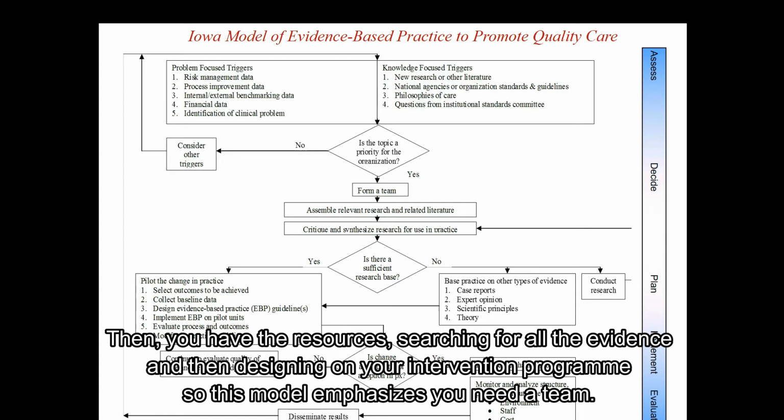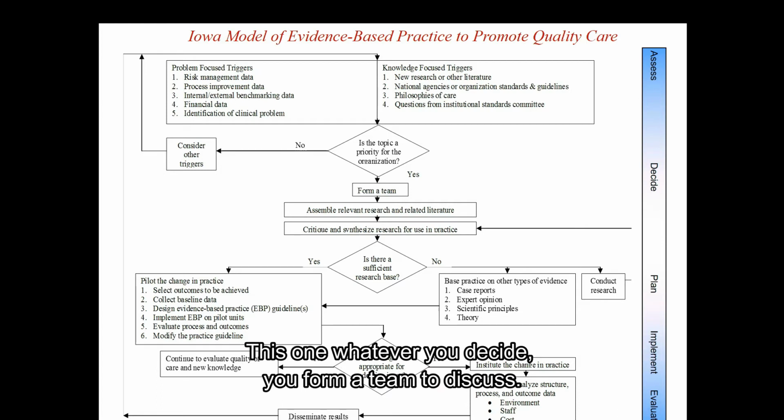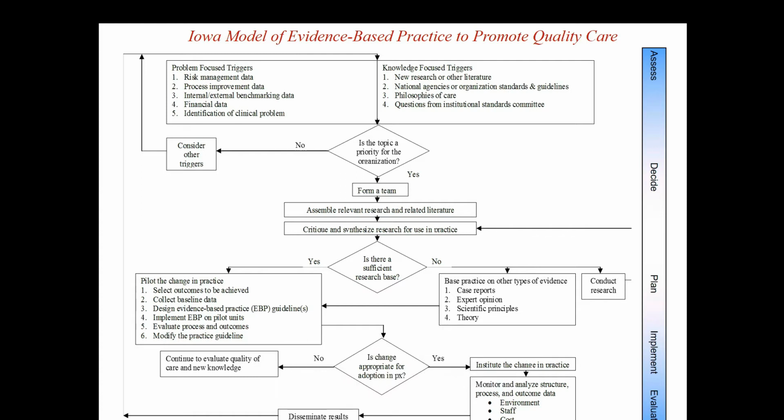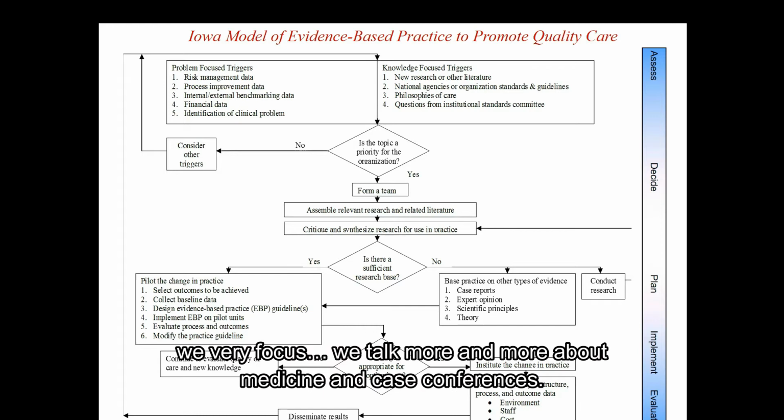So this model emphasizes you need a team. It's very different from the first model that we looked at, which is on an individual basis. In this one, wherever you decide, you form a team to discuss. I think in social work, in psychology, in clinical psychology, we are very focused on this.